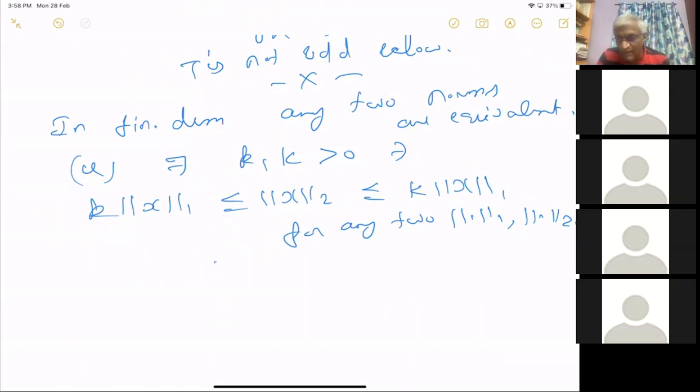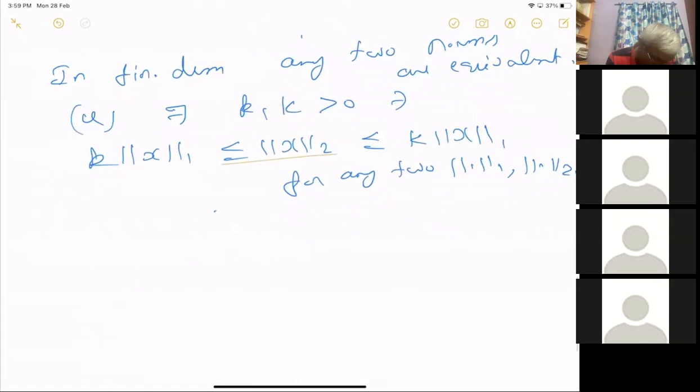Then the topologies given by both norms are either the same, or one is not contained in the other. It cannot happen that one topology is coarser than the other.